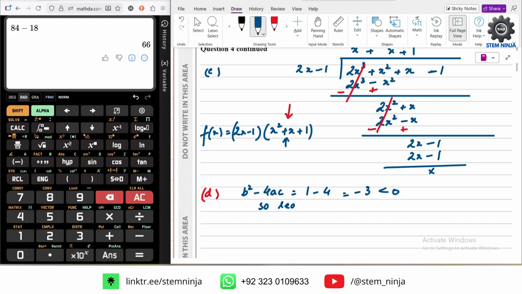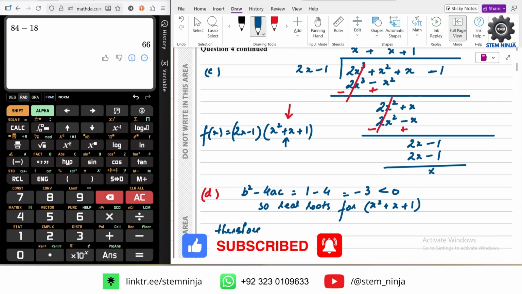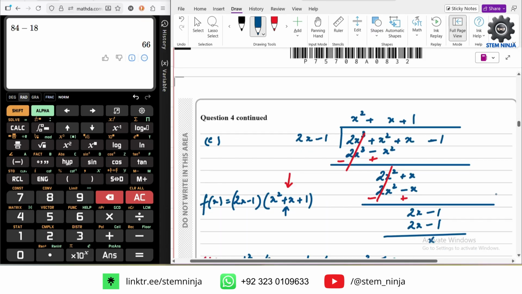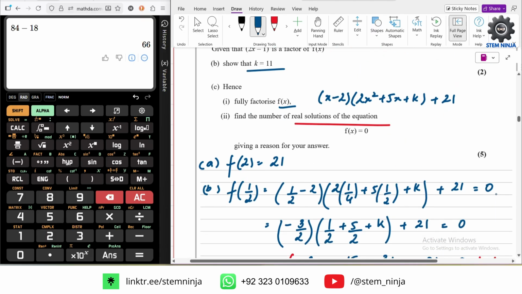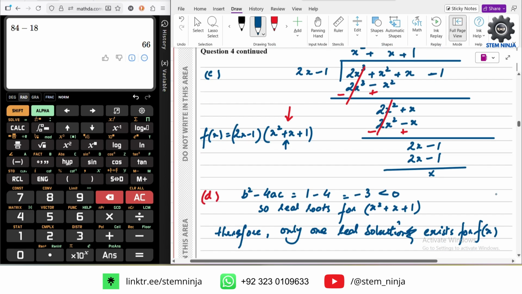So no real roots for x squared plus x plus 1. Therefore, only one real solution exists for f of x. Right? Sorry, this was 1 and 2. Right, so this is 1 and this is 2.